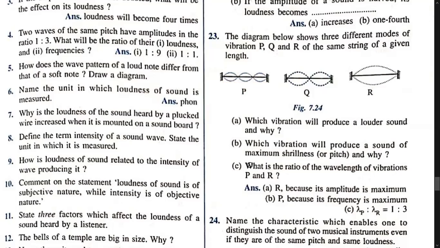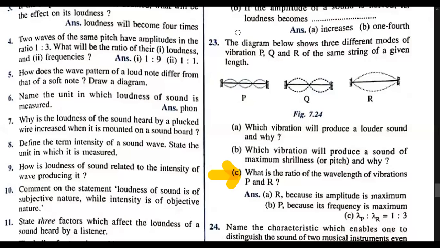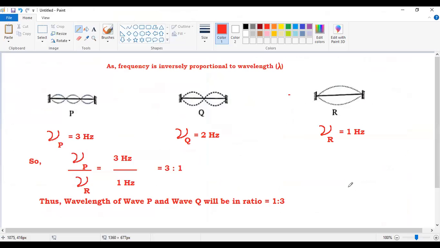Now third part, this is our important part. What is the ratio of the wavelength of vibrations P and R? Now students, see the screen shown in front of you. Here we are discussing 23rd C part.